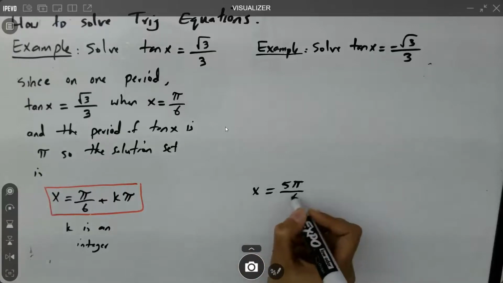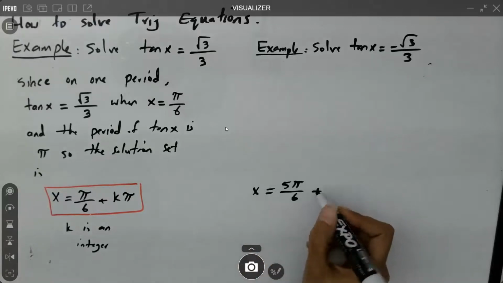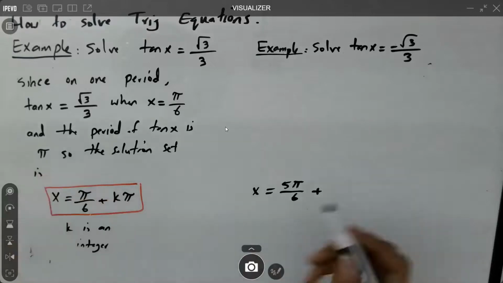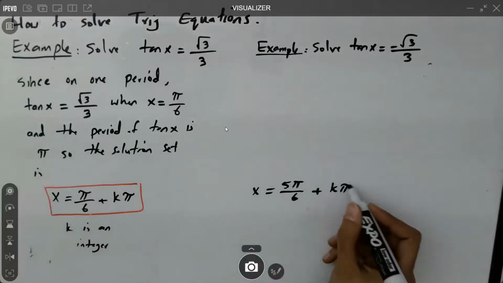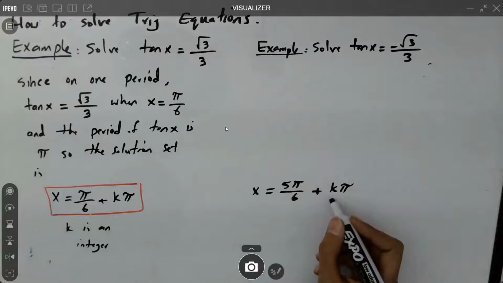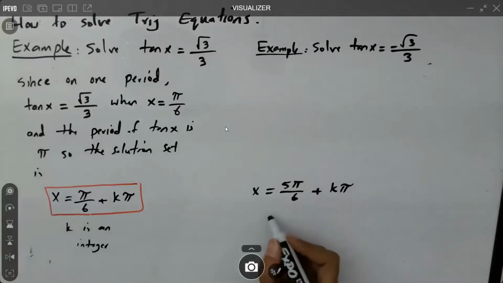And since tangent repeats itself after pi, you're adding pi times an integer like k. K is an integer.